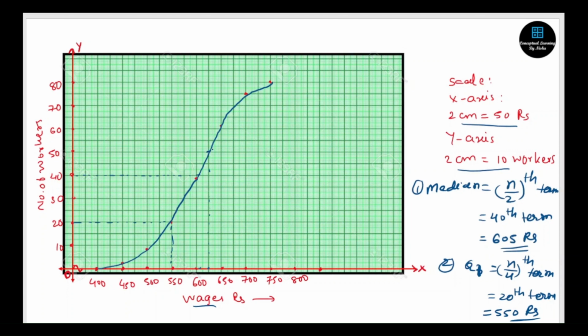This value 51, I have to subtract from the total. So 80 minus 51, and I'll get approximately 29 workers. 29 workers earn more than 625 rupees. Perfect. All right.